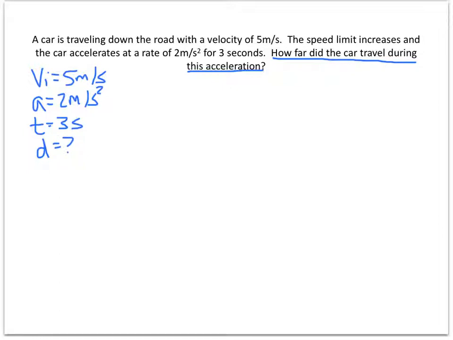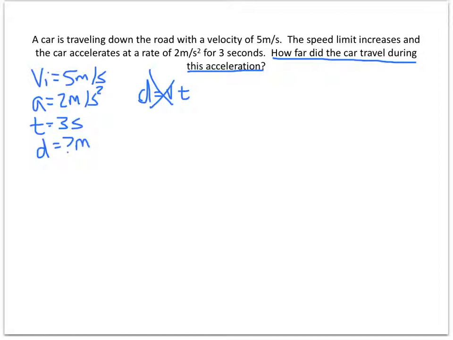Now I'm looking at my units and I see that my displacement will be in meters. So I have an initial velocity, an acceleration, a time, and a displacement. Now a lot of people might be tempted to use this formula, but I can't because there's no acceleration in there. That's for an average velocity.